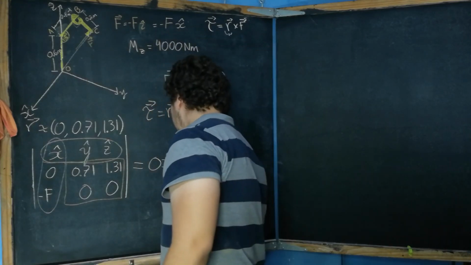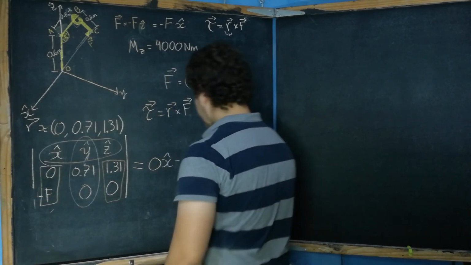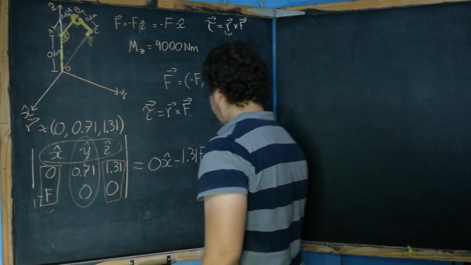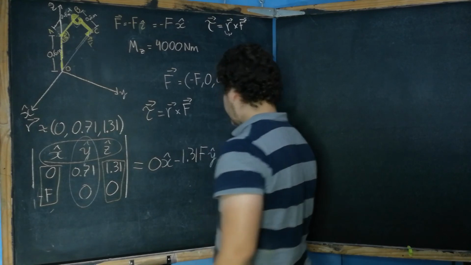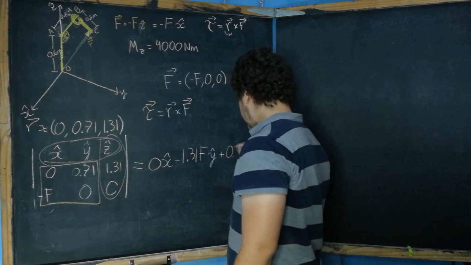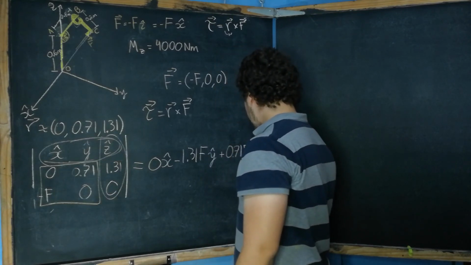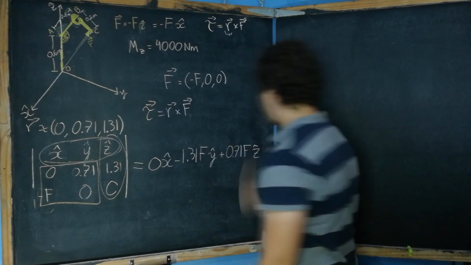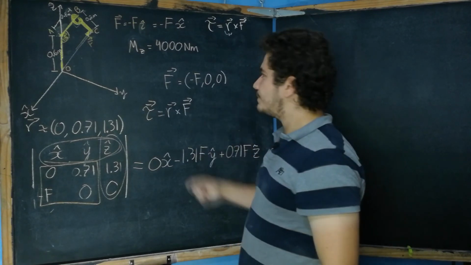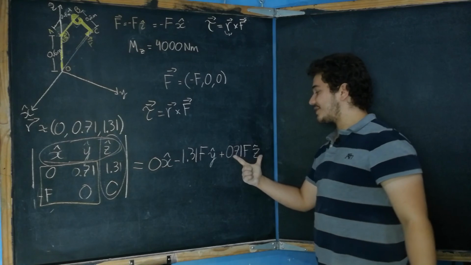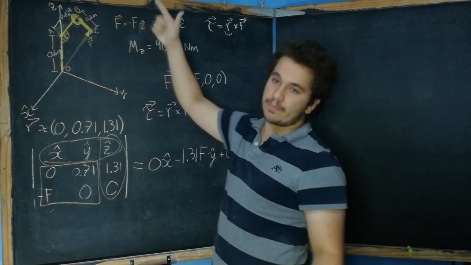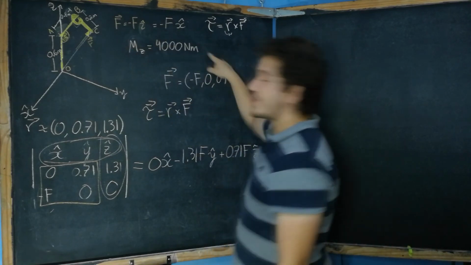This is the torque, but note that this is a vector: 0 in the x component, minus 1.31 times F in the y direction, and 0.71 times F in the z direction. Now, going back to the problem, the C component of the torque, or the moment, had to be equal to 4,000 Newton meters.